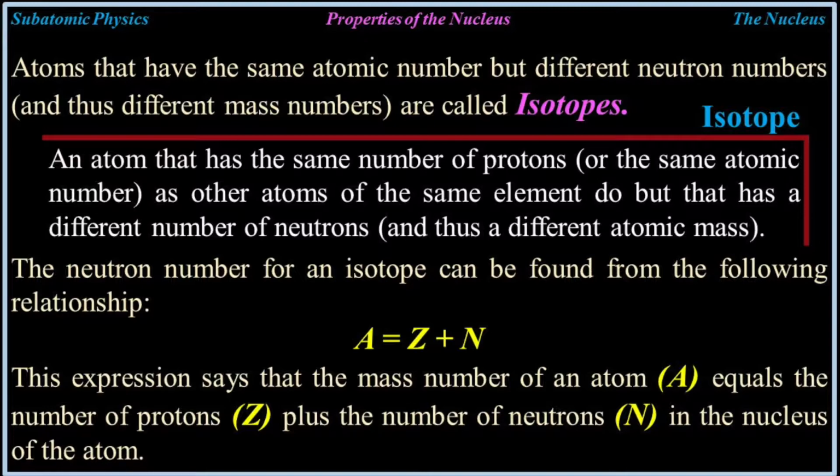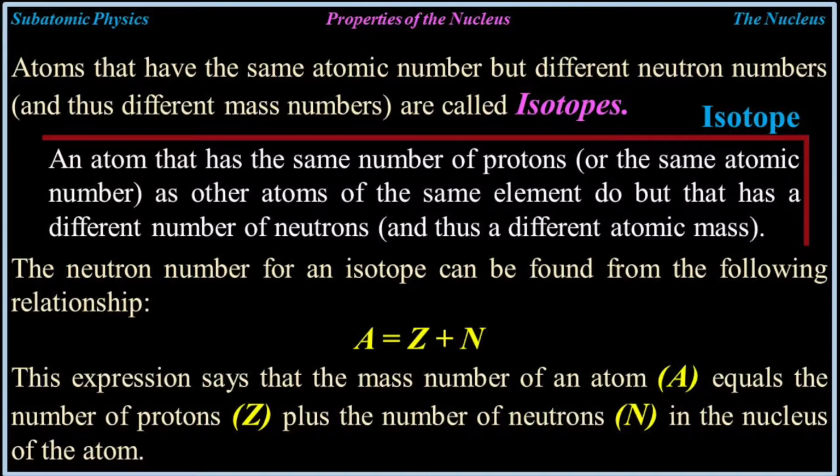An isotope is an atom that has the same number of protons, or the same atomic number, as other atoms of the same element, but that has a different number of neutrons, and thus a different atomic mass or mass number.